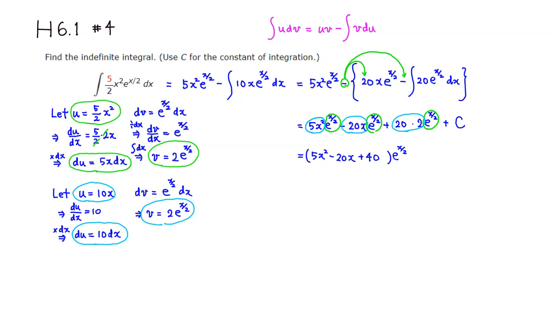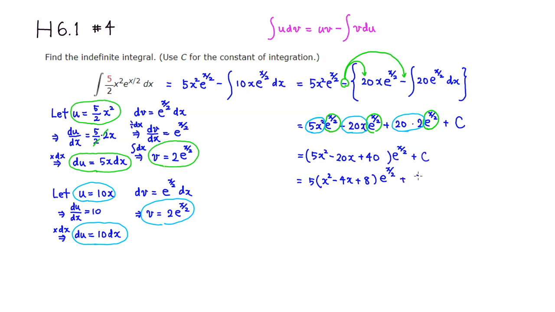Every single term has a 5 in it, so I'm going to pull out the 5. Then you have x squared left. Pulling 5 from negative 20x gives you negative 4x, and pulling a 5 from 40 gives plus 8. Then we have e to the x over 2, plus some constant c.